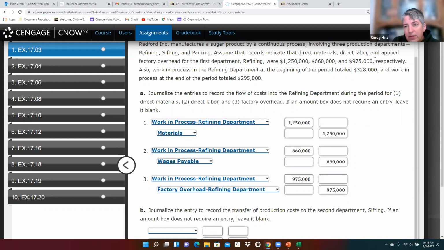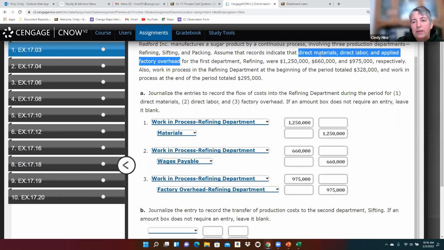Because it says the word respectively, which means that they're in the same order that they're listed here. That's the only way I knew that. It says direct materials, direct labor, applied overhead, and then the cost respectively means that they go in order. Yep, good question.